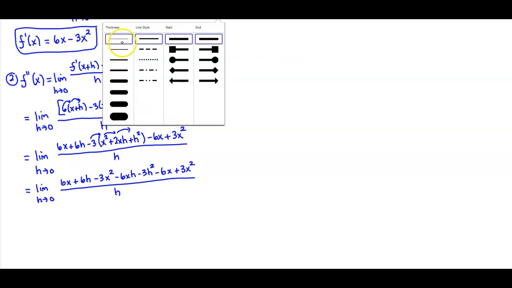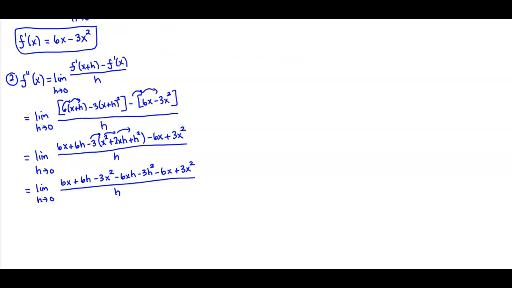And so now in the numerator, can we combine like terms and then simplify anything that adds to 0? So we have 6x minus 6x minus 3x squared plus 3x squared.